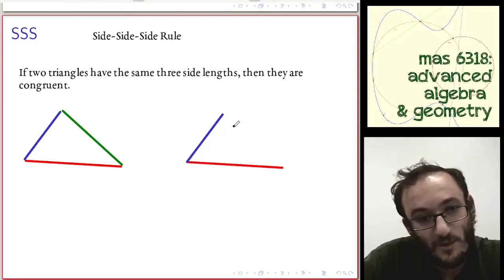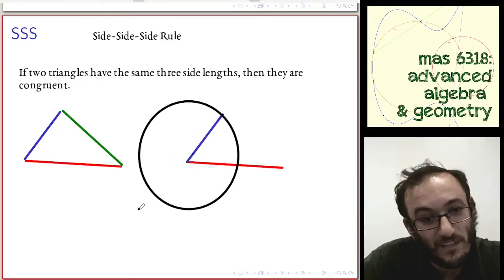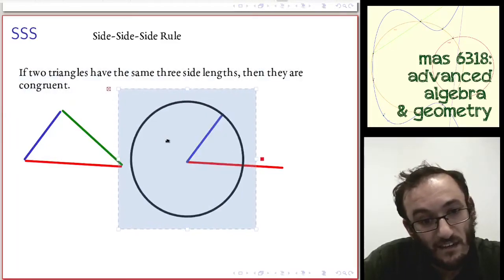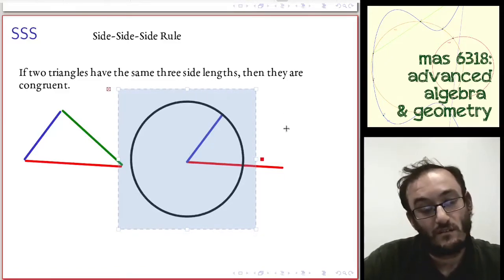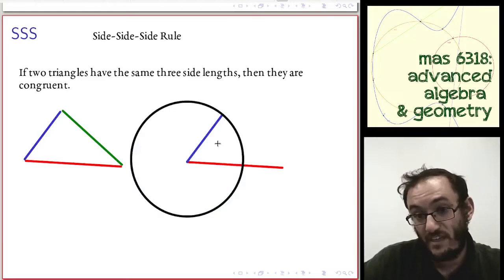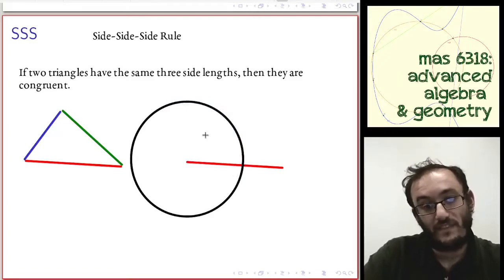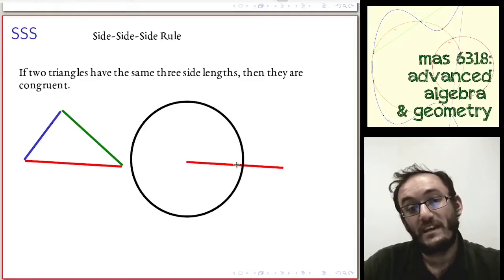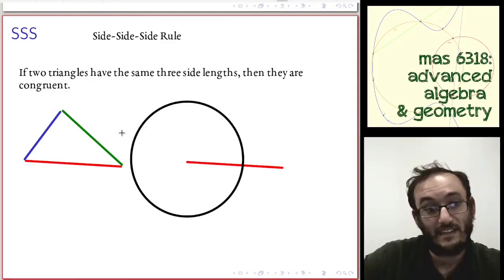No, this is still bad. Okay, let's see if I can do this reasonably. Okay, so a circle whose center is at the corner there, and whose boundary includes the end of that edge, that blue edge. Now I don't know that the blue edge has to occupy the position that I said it would occupy, but I do know that it has to end somewhere on this circle if it has that length.